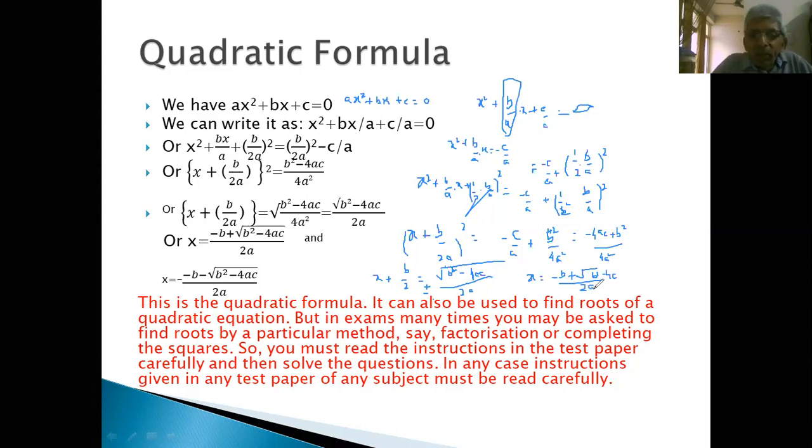This will be one value, and the other value we will get is minus b minus under root b square minus 4ac, divided by 2a.